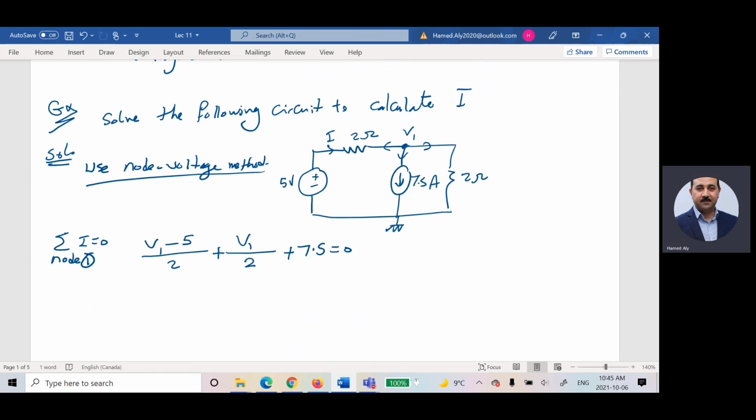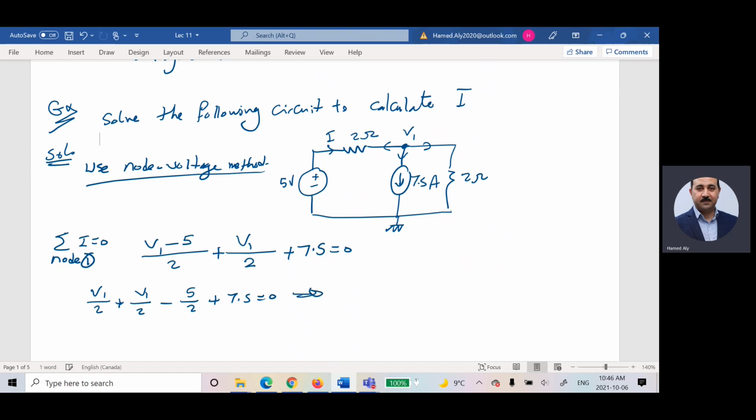Now, I'd like to solve that equation for finding V1. So I can say V1 over 2 and V1 over 2, I'll keep them together. So I have V1 over 2 plus V1 over 2 minus 5 over 2 plus 7.5 is equal to 0.